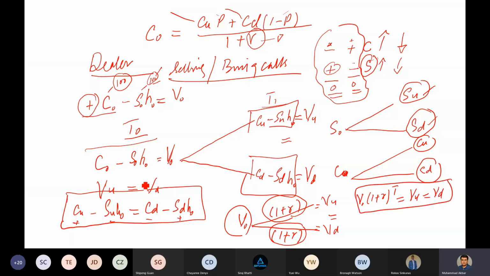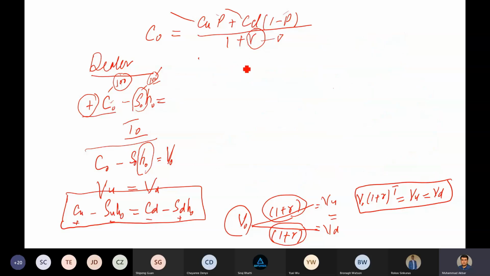Now the question is, how do we know how many shares to sell short for the hedge portfolio? If I'm buying 100 calls here to hedge my position, I need to take a short position in the stock. So how many shares do I need to sell short? This is an equality, and if I can solve this, I will get the answer to my question.